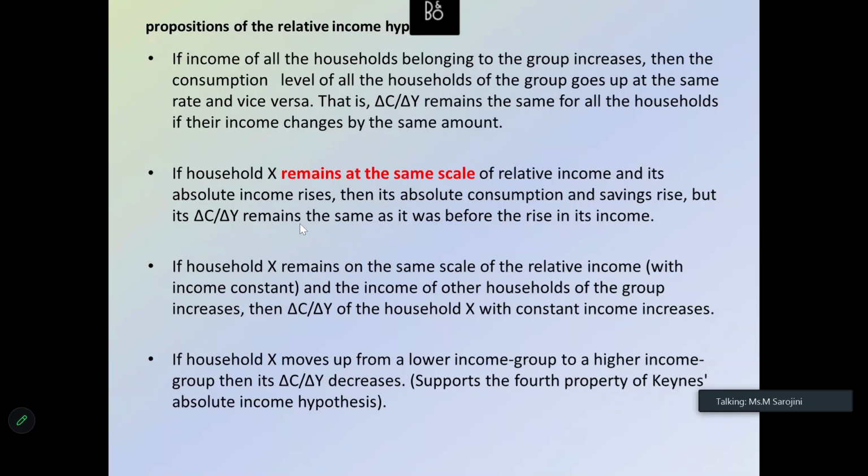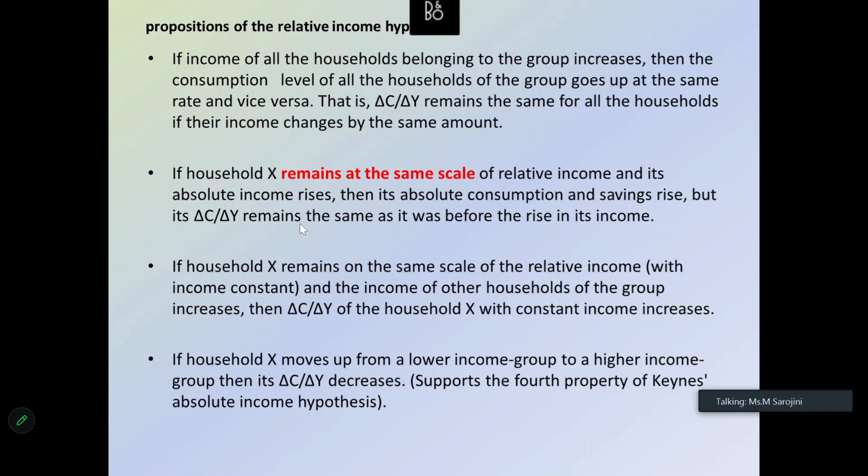Their MPC is constant, right? Other income groups' income increases. The next one is if household X moves up from the lower income group to a higher income group, then its MPC decreases, lower to higher. That is obvious, no?